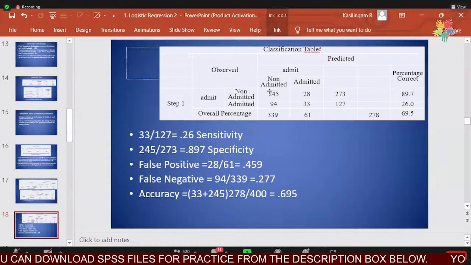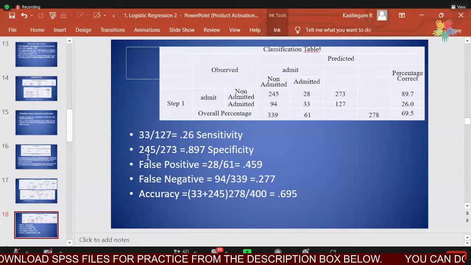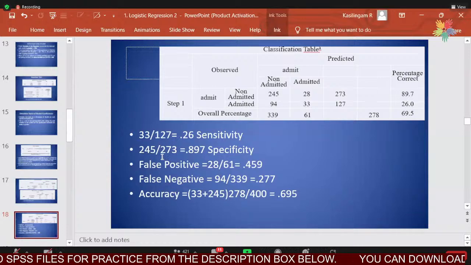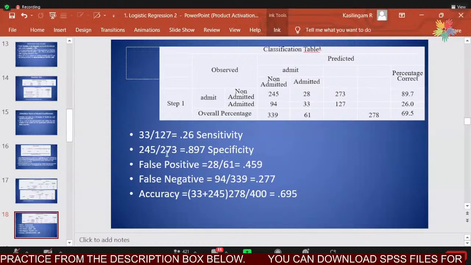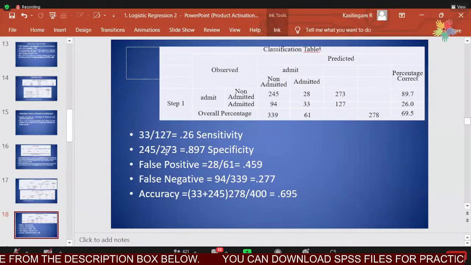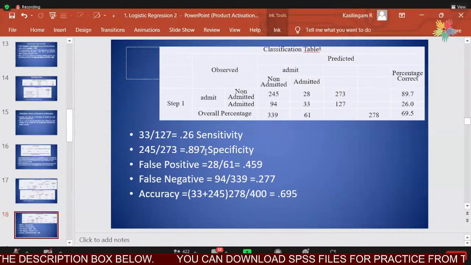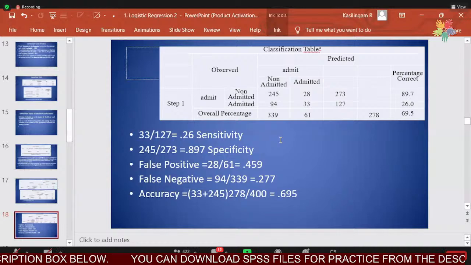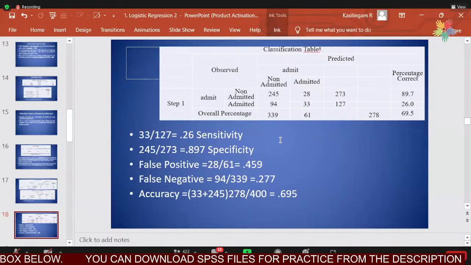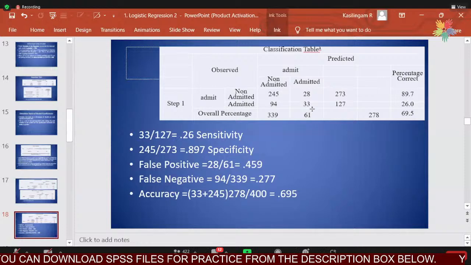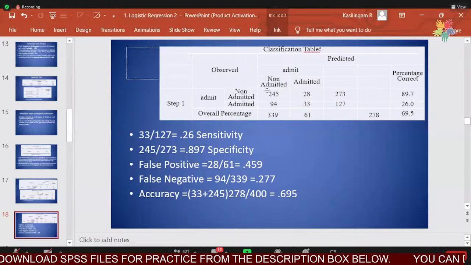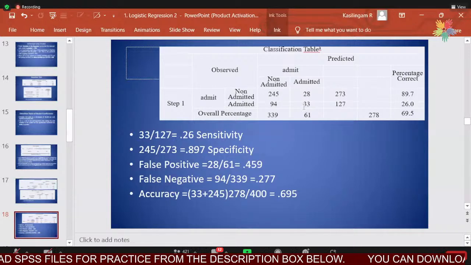Out of the total, 245 not admitted rightly predicted, divided by total not admitted, which is equal to 0.897. That is called specificity. This is specificity, and this is sensitivity.